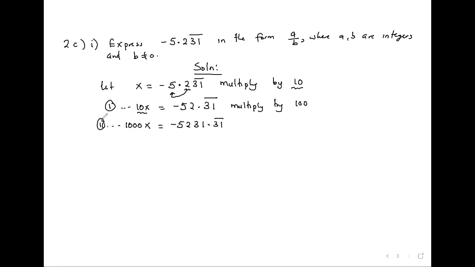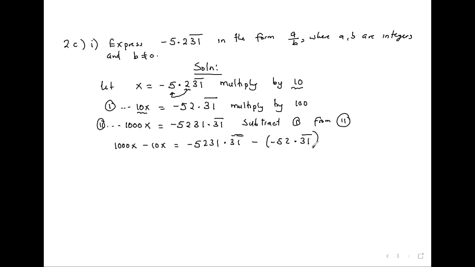be equation 2. So that now I say subtract 1 from 2. So I'll say 1000x minus 10x is the same thing as 5231.31 bar minus 52.31 bar.